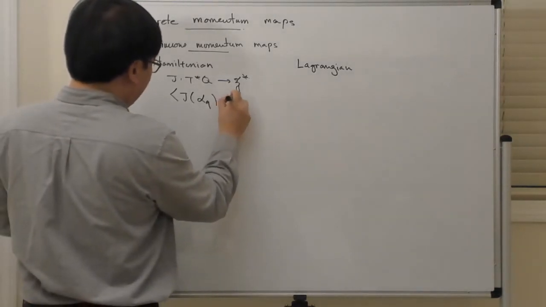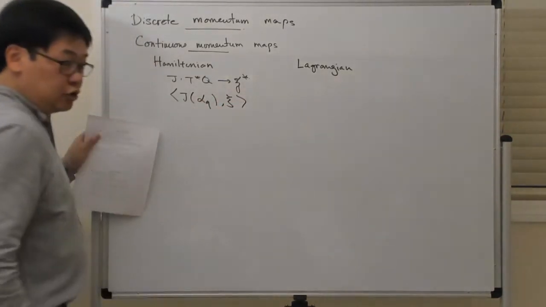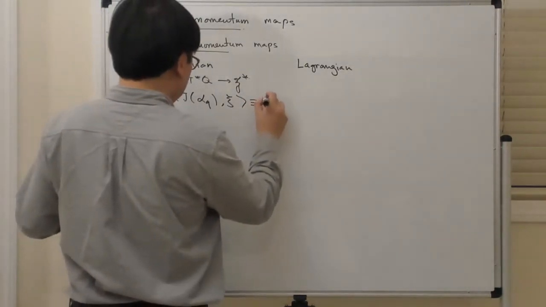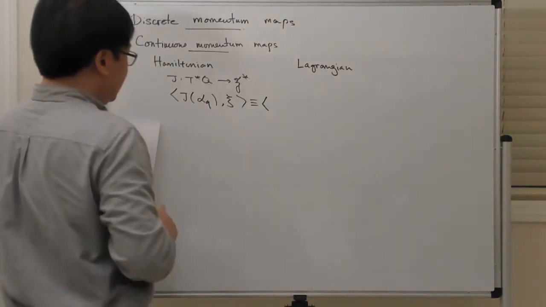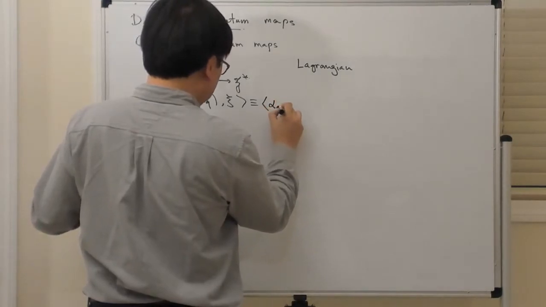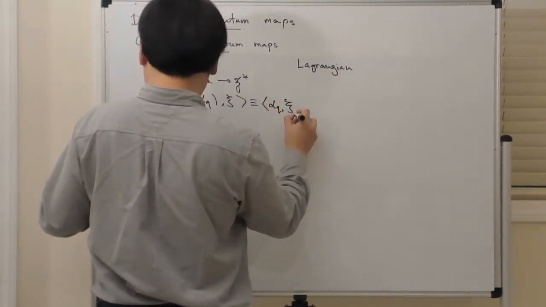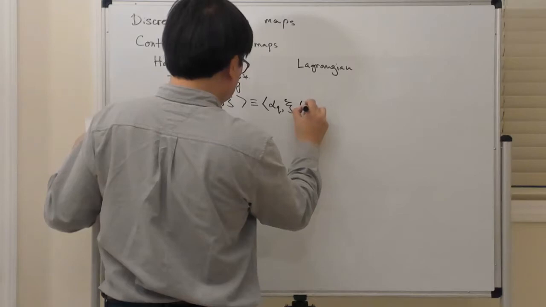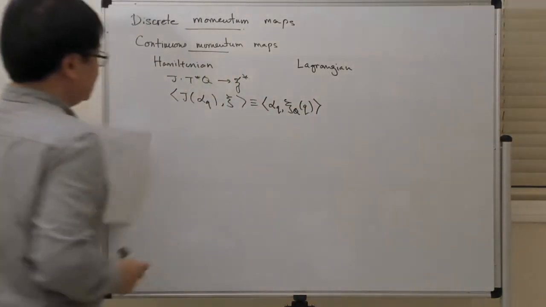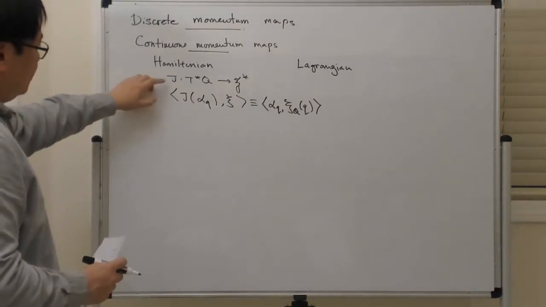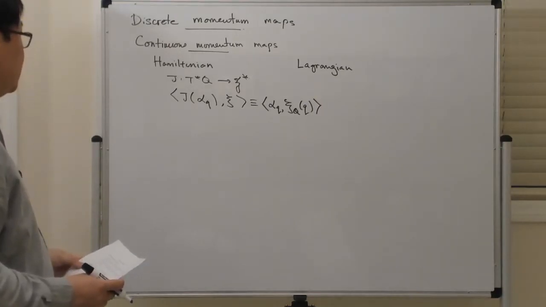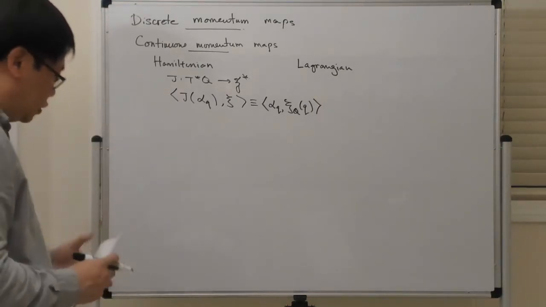So I define it by having it act on a Lie algebra element. Alpha q is a covector, so you can think of it as acting on the infinitesimal generator associated with the algebra element. This is the definition of the Hamiltonian version of the momentum map on the cotangent bundle.